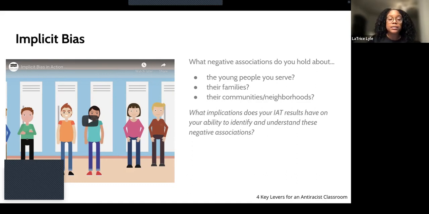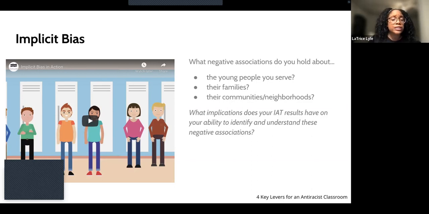Now, it's not inherently a bad thing. The fact of the matter is we all have them. We all have associations, negative associations that we hold. But the difference is once we uncover those associations, those beliefs, and then what we do next.